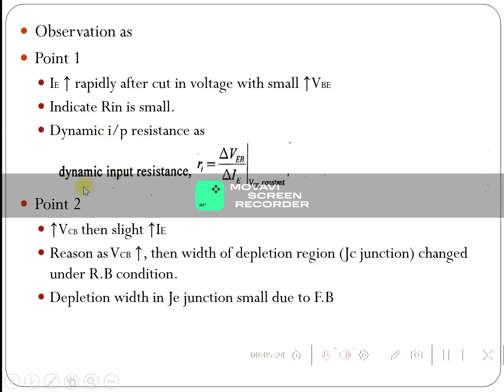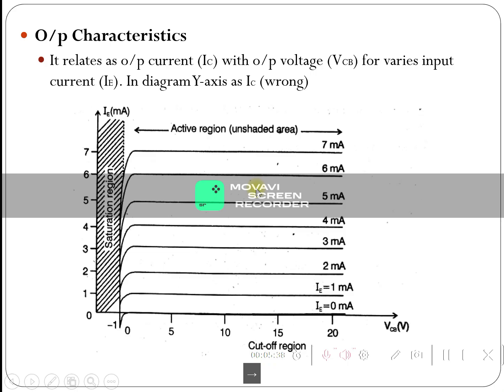Next we find the dynamic input resistance: Ri is equal to del VEB divided by del IE. Here are the output characteristics: saturation region, active region, and cutoff region.